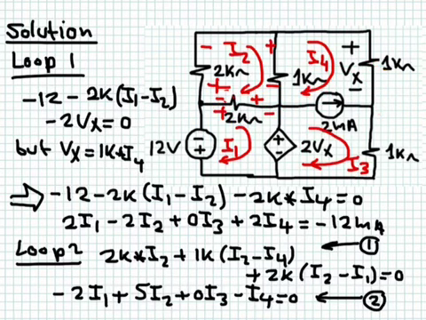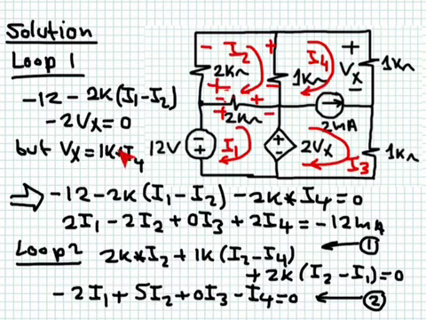Okay, Vx is 1K multiplied by I4. So I have to go back to this equation, which I got from loop number 1, and get rid of Vx. And this is a rule of thumb. Every time you see a controlling parameter appearing in one of your equations, you have to get rid of it and express it in terms of the currents in loop analysis or in terms of the voltages in nodal analysis.